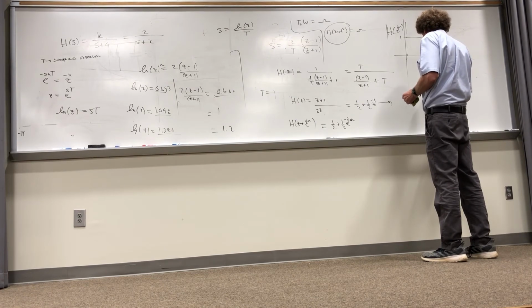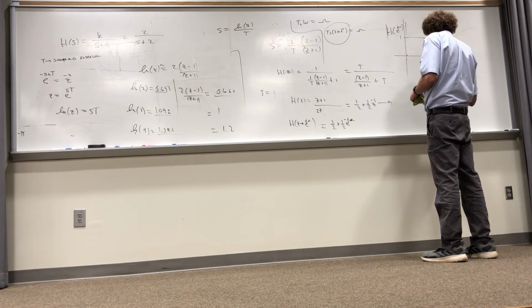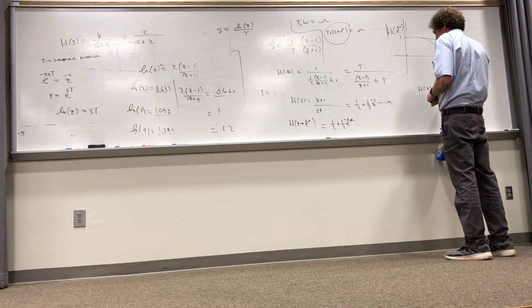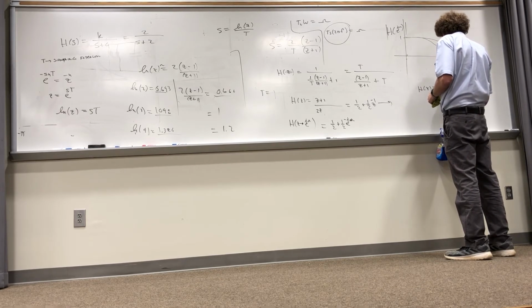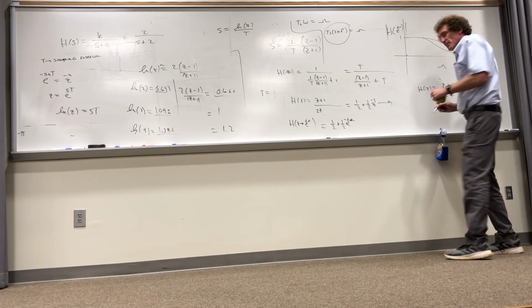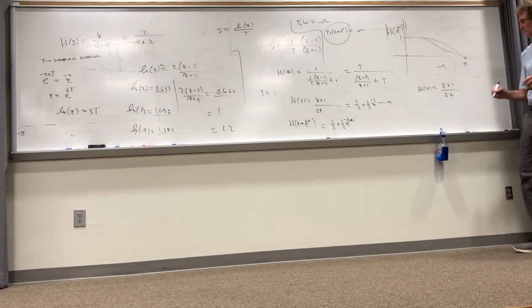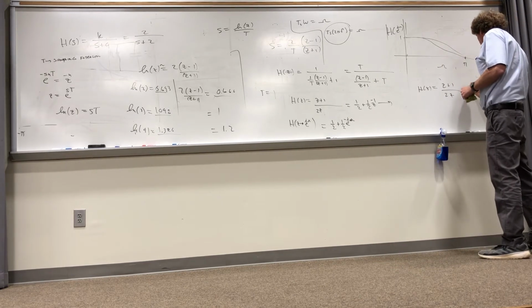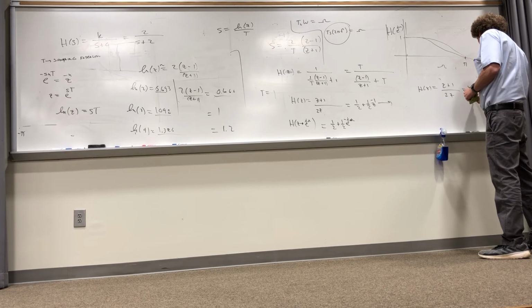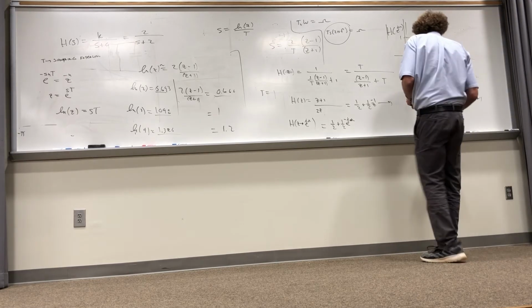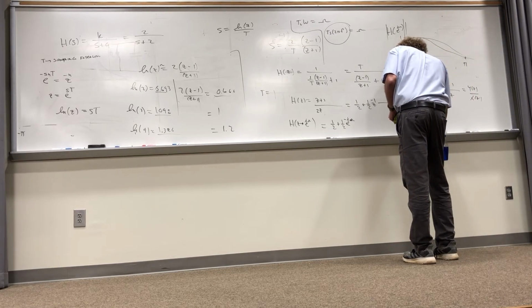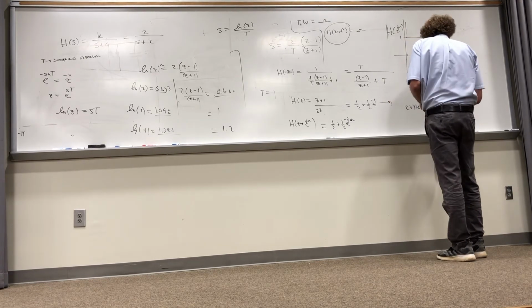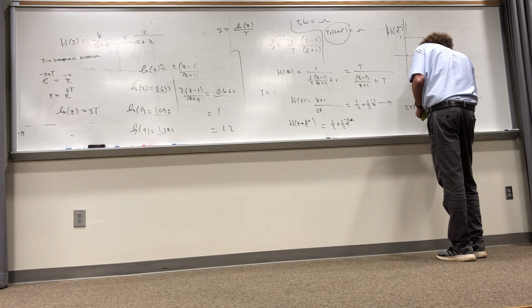H of z really is equal to (z plus 1) over 2z. Wasn't that it before, right? Now what is that actually equal to? That's equal to Y of z over X of z, right? And that means 2z times Y of z is equal to X of z times (z plus 1).